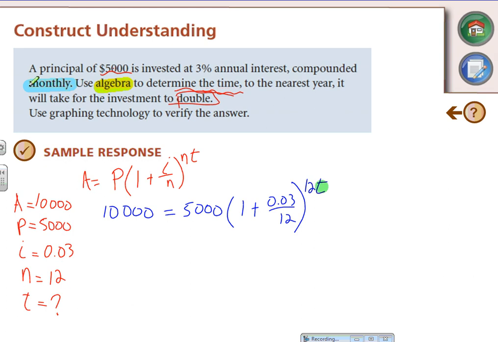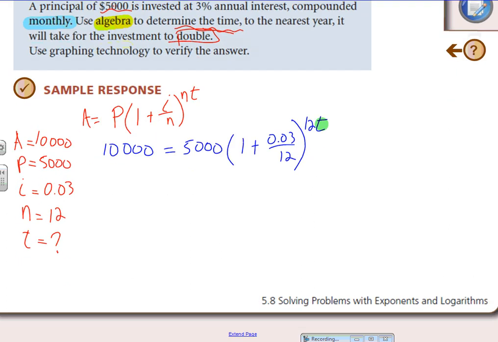So the goal is to try to get T by itself. First thing we want to do, let's divide by that 5,000. So we've got 2. That's the double. That double is where that 2's coming from. It really does not matter that we start with 5,000 bucks. We could start with $1, and this would be the exact same answer.